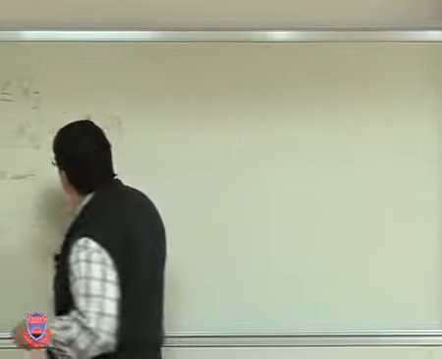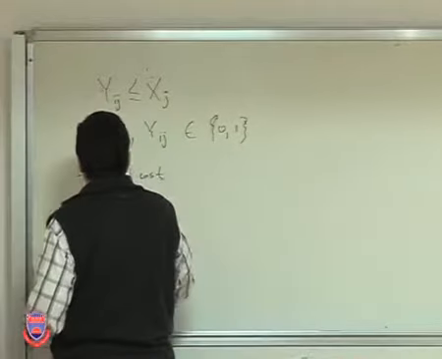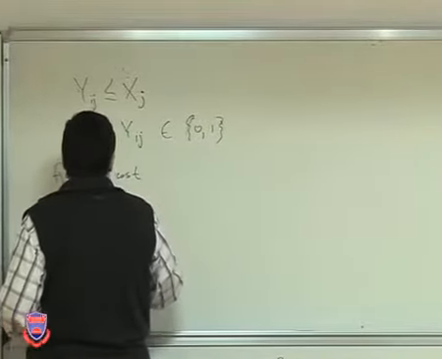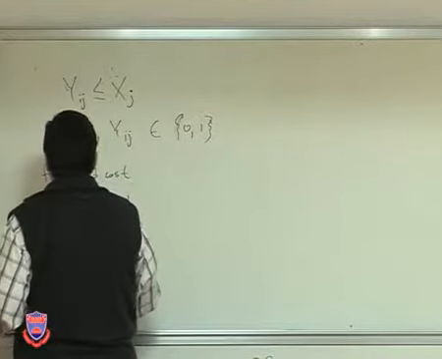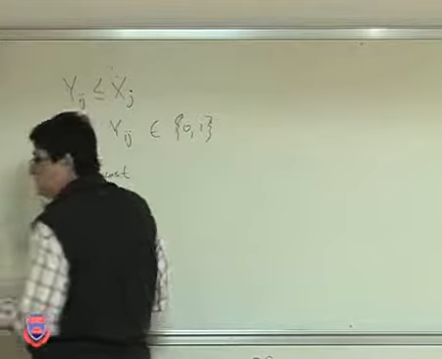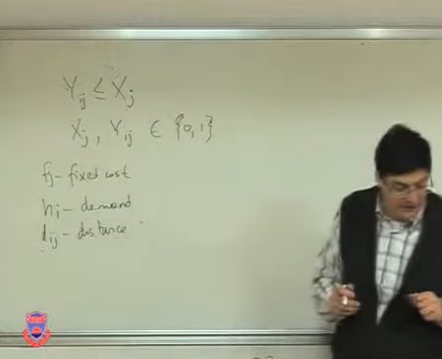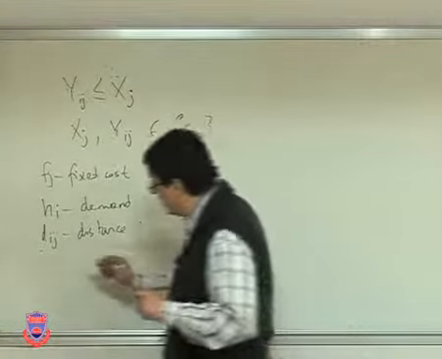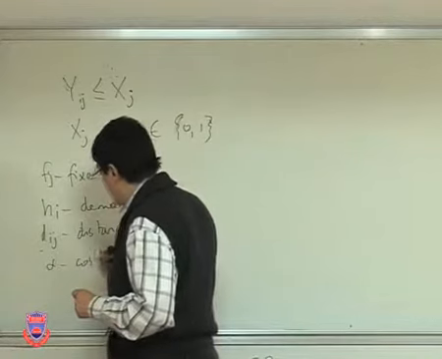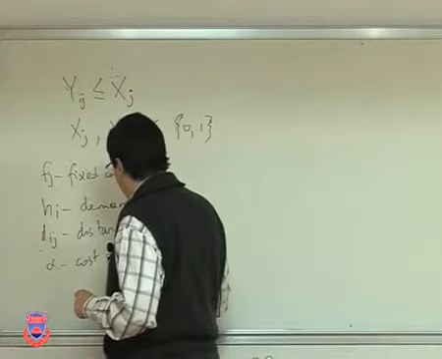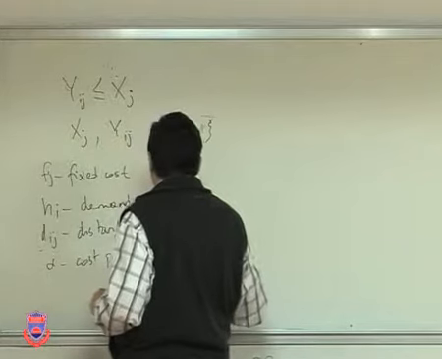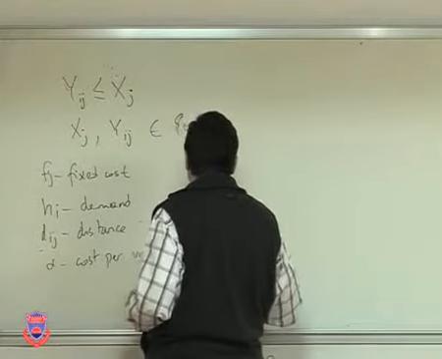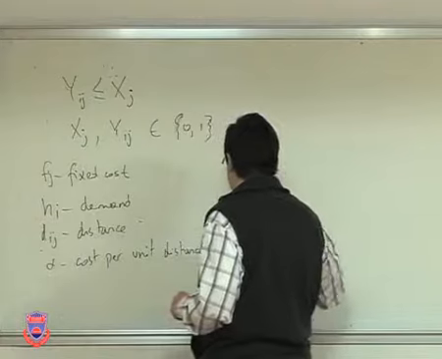Then hi is the demand. Dij is the distance in between i and j. I'm not writing it fully, but you can guess. And alpha is cost per unit distance per unit demand.